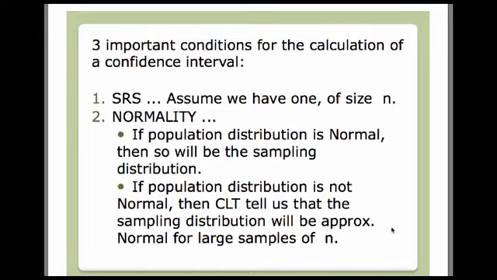We need to know that the normality condition is met. Now, if the population distribution is normal itself, as we've seen before with the central limit theorem and what we learned in Unit 5, you can be assured that the sampling distribution will be normal as well. If the population distribution is not normal, remember that the central limit theorem tells us that the sampling distribution will be approximately normal, provided we have a large enough sample n.